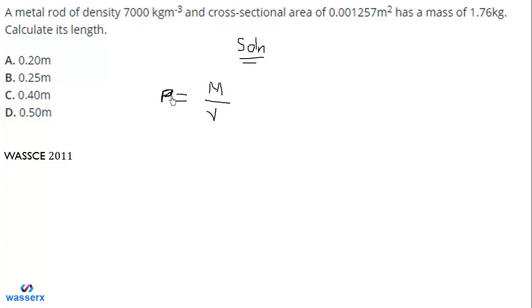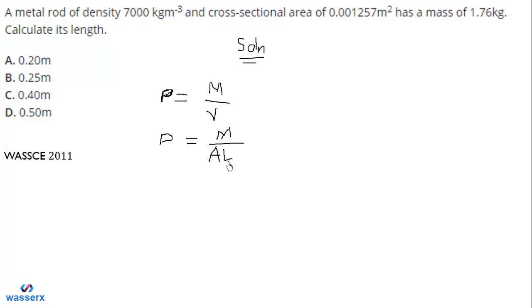Now recall that the volume of a substance is the cross-sectional area of the substance times the length. So we are interested in finding the length, and we know the volume is cross-sectional area times the length. So we can solve for the length.